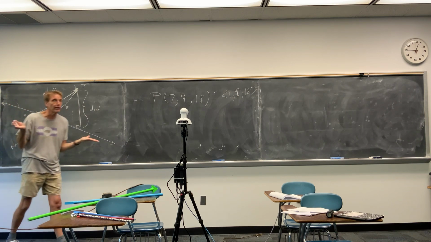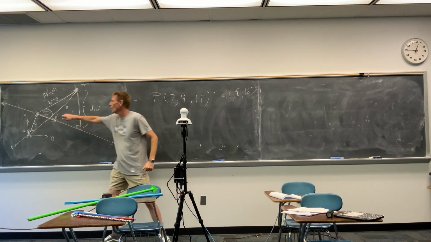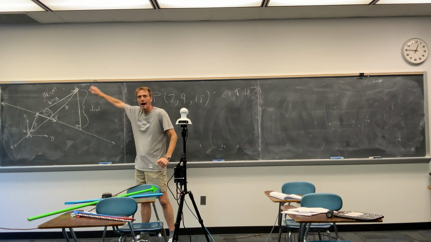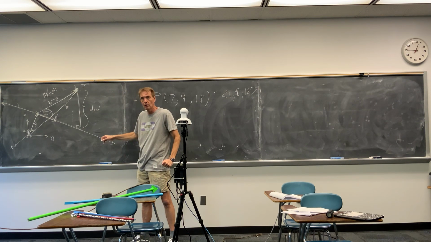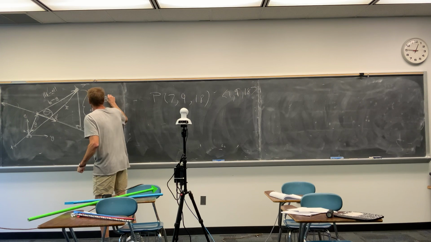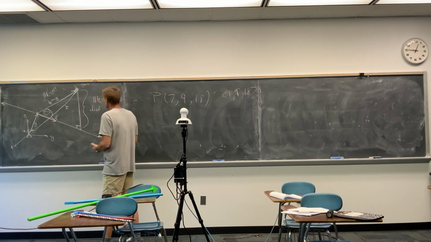This goes back to trig. If you know an angle and you know the hypotenuse, what's the opposite side? The norm of B minus A times the sine of theta.